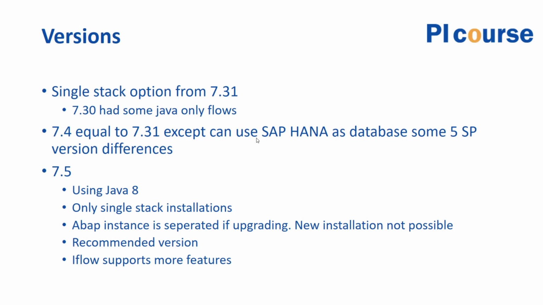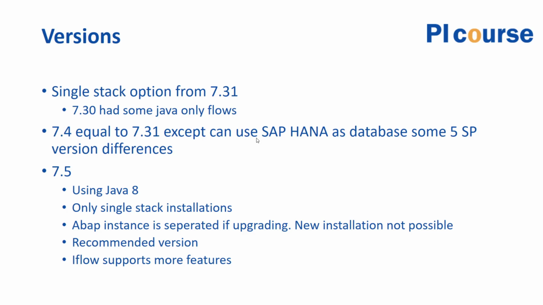So let's have a little talk about how the PI architecture works. There's been a lot of changes going on, but the main part is the Java only. That's the part that's come to stay.